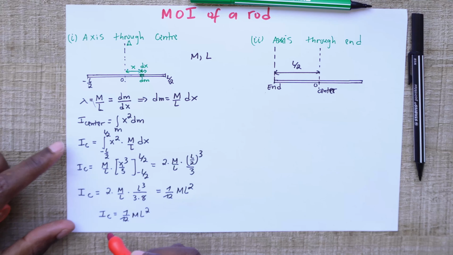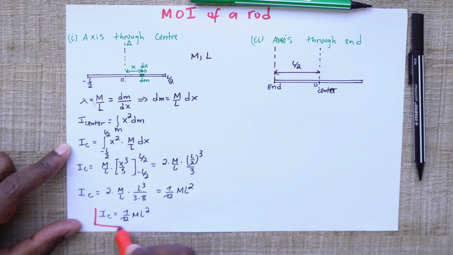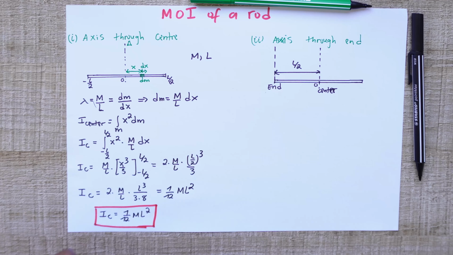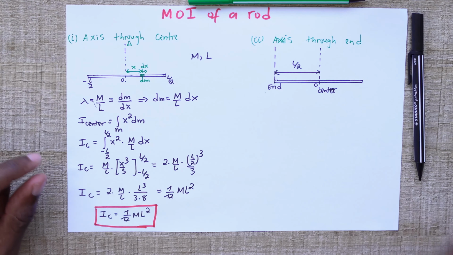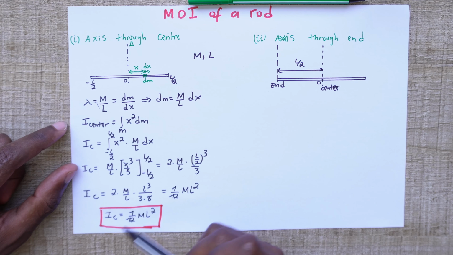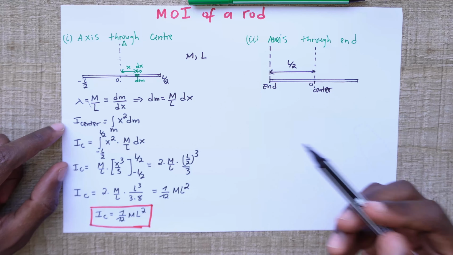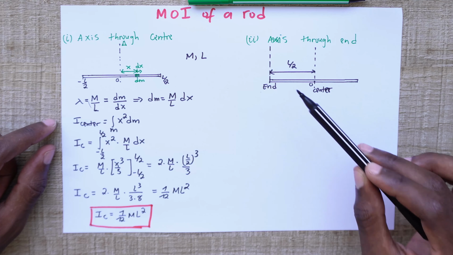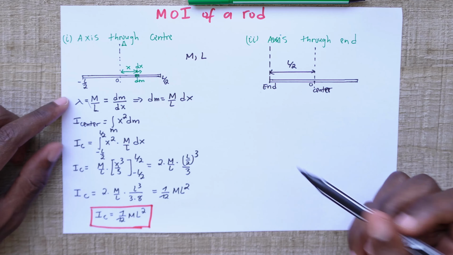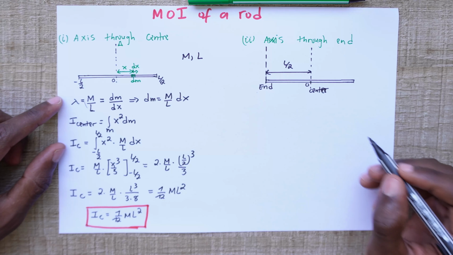So this is the moment of inertia of a rod about an axis that passes through the center of mass of the rod. Then we can use this result to calculate the moment of inertia now about an axis that passes through one end of the rod. This is just an application of the parallel axis theorem.